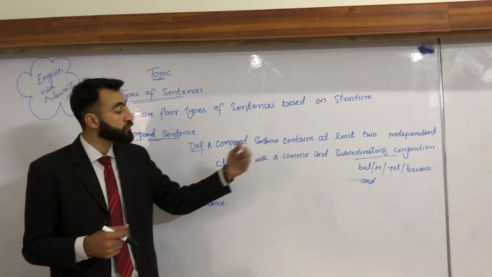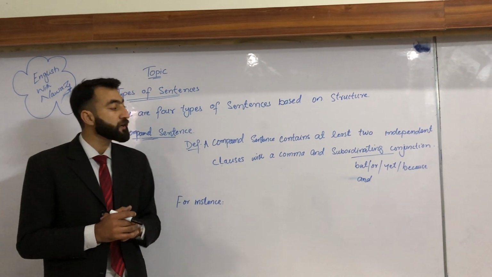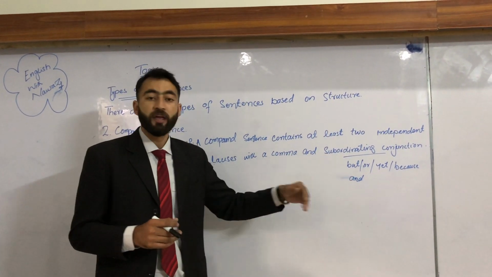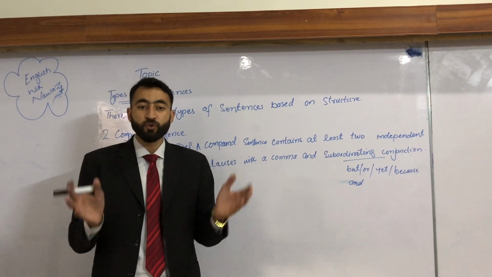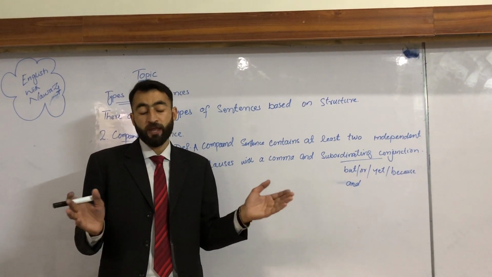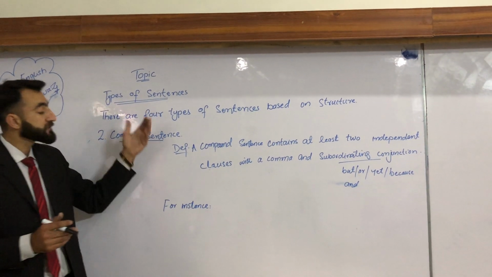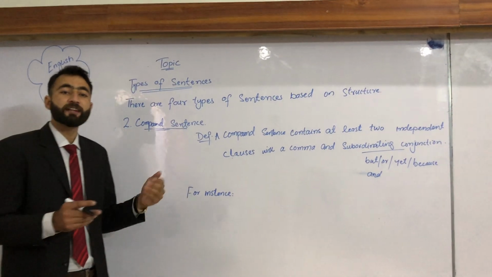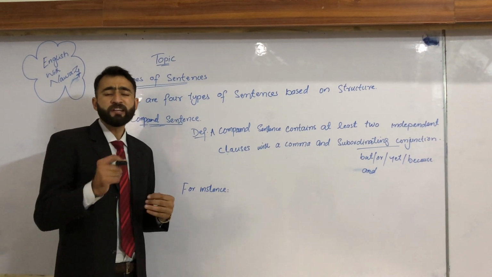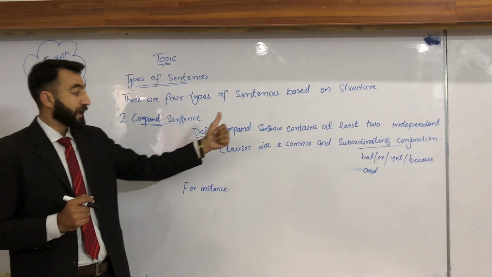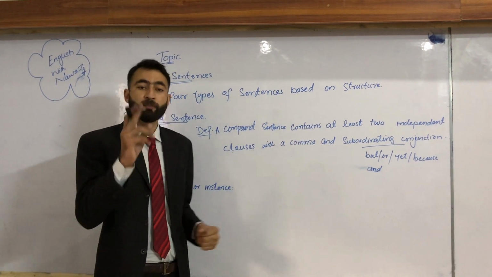First of all, we have to know about conjunctions. They are but, or, yet, because, etc. They combine 2 sentences with each other. As I said, a simple sentence contains at least one independent clause; this compound sentence contains at least 2 independent clauses.